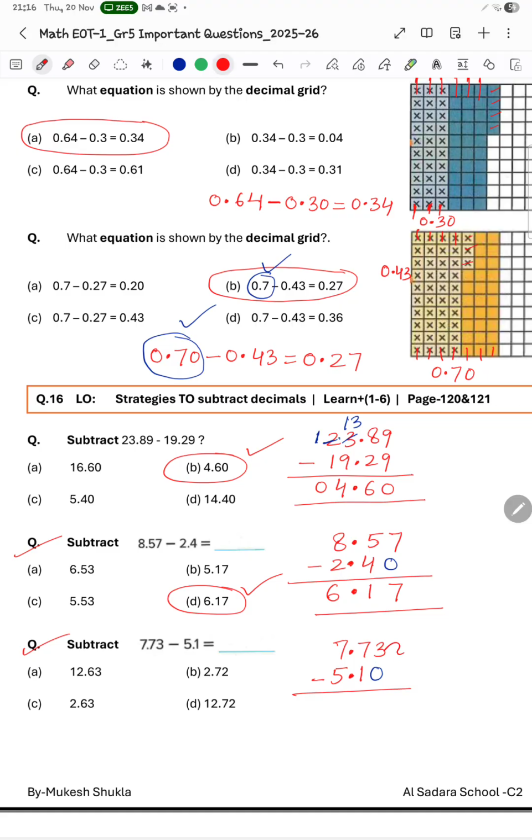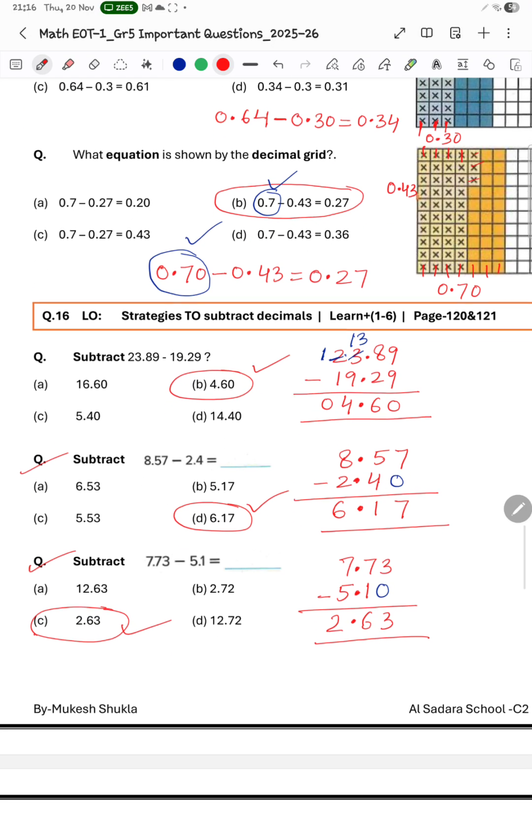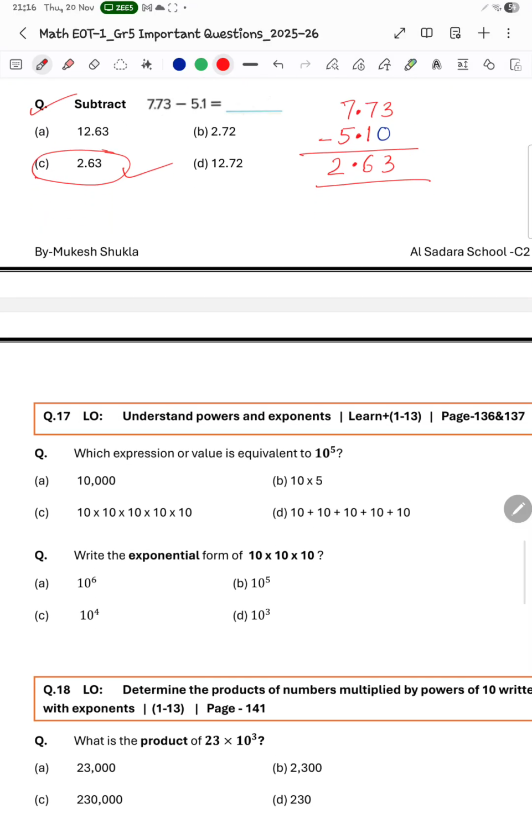Now I will subtract. 3 minus 0, 3. 7 minus 1, 6. Dot. 7 minus 5, 2. So 2.63 will be my answer. So this is the way to subtract decimals. There are various strategies through which we can get our correct answer. Let's move on to the next.